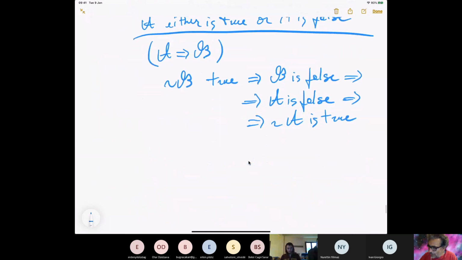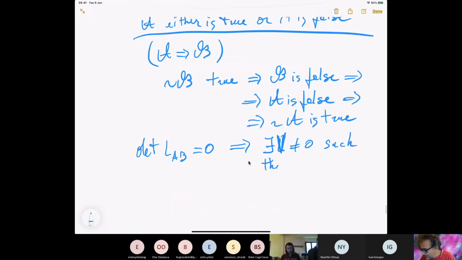Determinant of LAB equals 0 implies there exists a V different from 0 such that LAB VA VB equal 0. Okay, and this is trivial using Brusche-Capelli theorem, because what I do, I write LAB as a matrix.